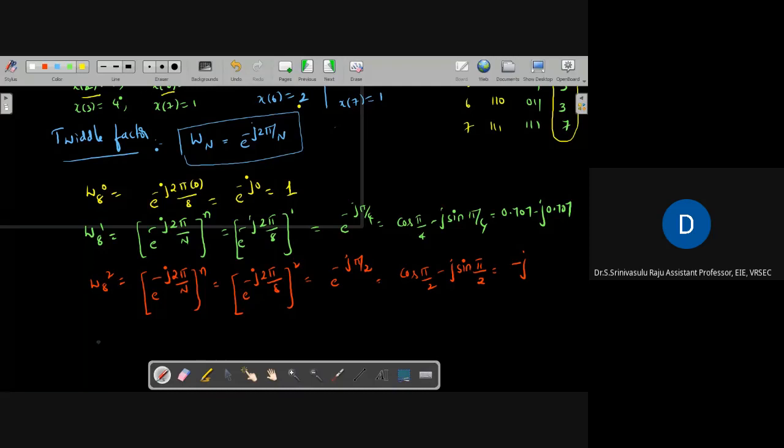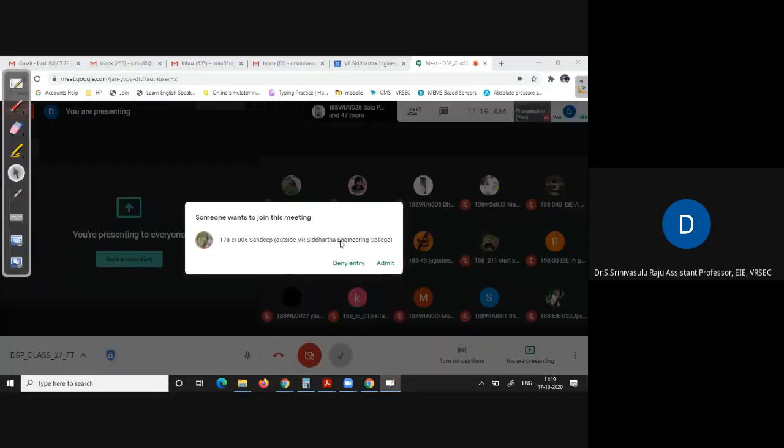Next, W8^3. Similarly, you can represent it as e power minus j 2 pi by capital N, whole power small n, where capital N is 8 and small n is 3.